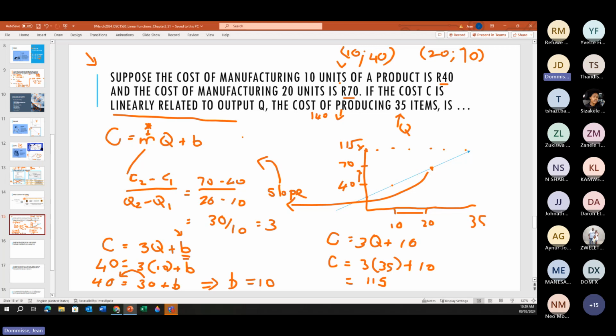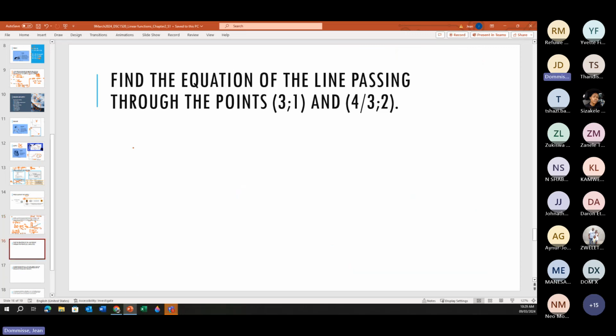So they can do that in a word sum like this, or they could purely ask you the same question that says, find the equation of a line passing through these points. Okay, so we're going to follow exactly the same principle.